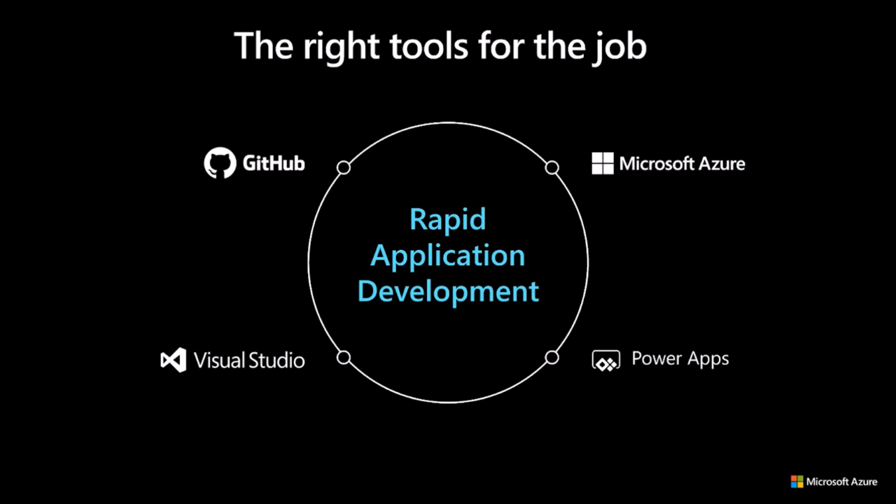Visual Studio and Visual Studio Code provide me with the tools necessary to build, debug, and deploy these code components. And GitHub enables me to add source control and CI/CD for enterprise-grade application lifecycle management. And then wrapping all of this together, being the glue for this application development stack, is the Power Platform and Power Apps, which is going to integrate nicely with all of these different pieces to enable me to build apps faster.